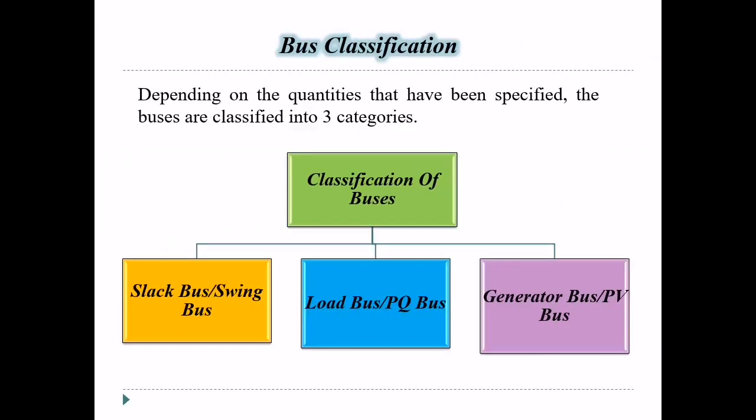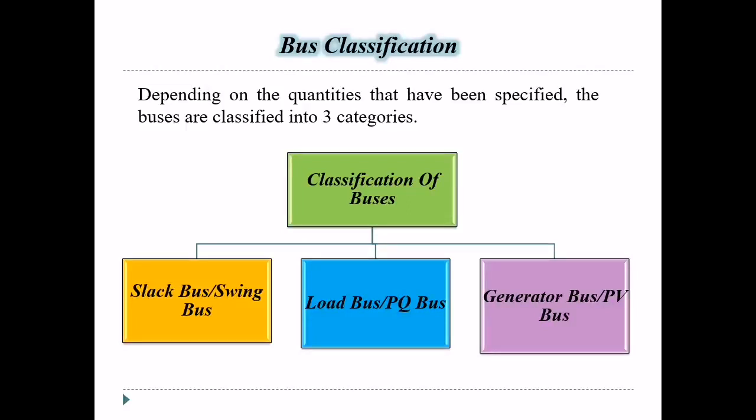And now, bus classification. Depending on the values that are specified at any bus, the buses are classified. As we are telling, out of four quantities, two are given and two are to be solved. So depending on the values that are specified or given, buses are classified into three. The classification of buses: first is the slack bus, which is also called the swing bus. Then the second, load bus, which is nothing but the PQ bus.